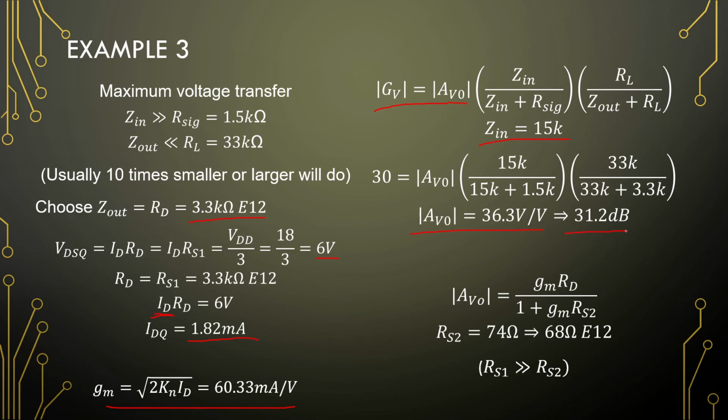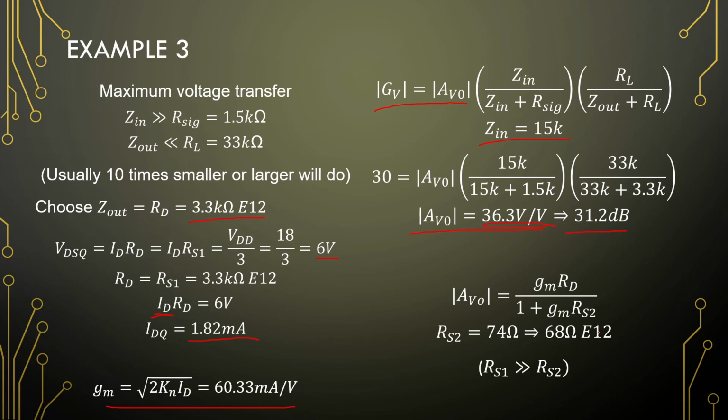Right, so that is 31.2 decibels. Now our final design is only to be 30 volts per volt with our loading effects added, so our GV. So with maximum voltage transfer, this is very close to our final value.